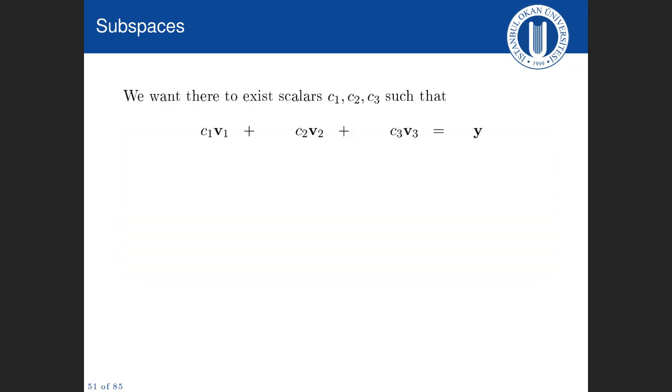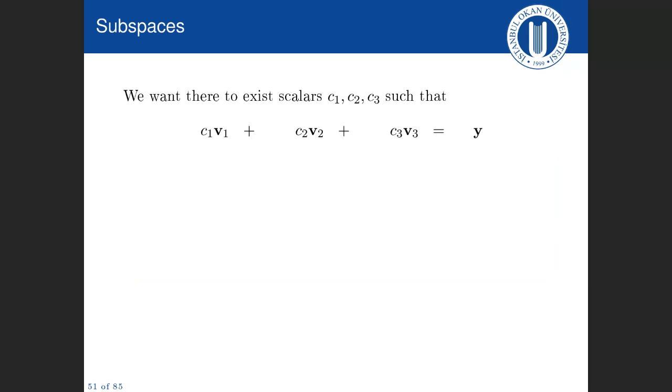Well, y is in the span of these vectors if there exist scalars c1, c2, and c3 such that y is a linear combination of v1, v2, and v3. In other words, such that y is equal to c1 v1 plus c2 v2 plus c3 v3.